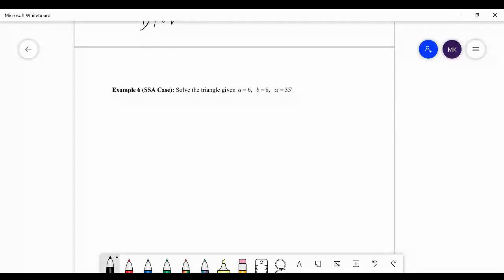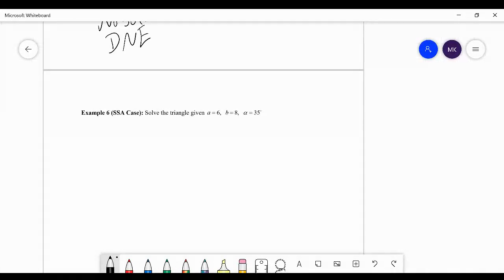What we do is we start with our angle here of 35 degrees. We start with our side B here, which is 8. I'm going to give myself a little more room here. There we go. Our side B is 8, and our angle here is 35 degrees. So we know that sine of 35 degrees is equal to H over 8.